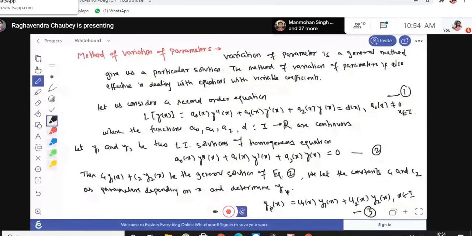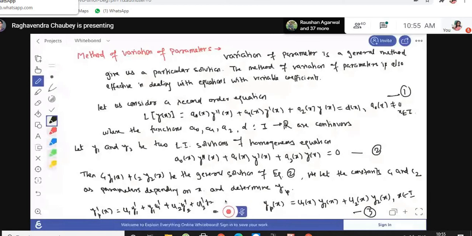If we differentiate this function, we find u1 y1 prime plus y1 u1 prime, by the product rule for these two, and if we differentiate this term, plus u2 y2 prime plus u2 prime y2.